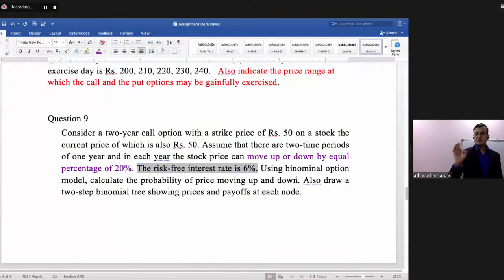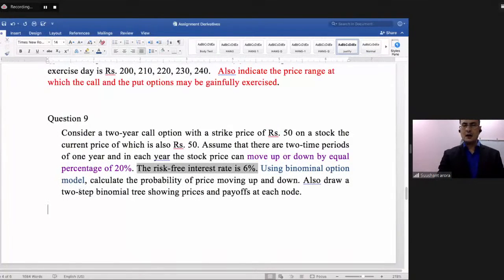Using the binomial option model, calculate the probability of the price moving up and down. Okay, so with this, we can understand that we have to use the binomial option model. Calculate the probability of price moving up and down.